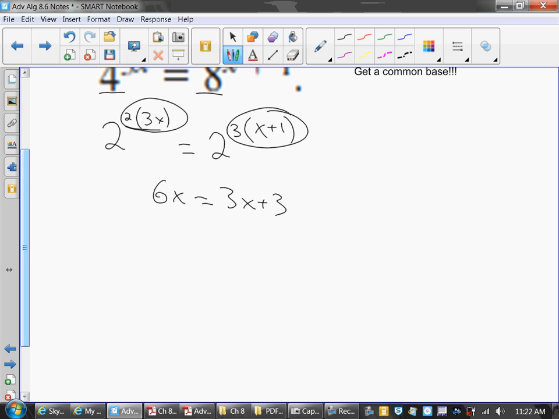So by creating the same bases, you're able to get the exponents out of the air, if you will. They're able to drop down, and then you wind up with a very simple 1 or a 2-step equation. So you get 3x is 3. What's x? 1.